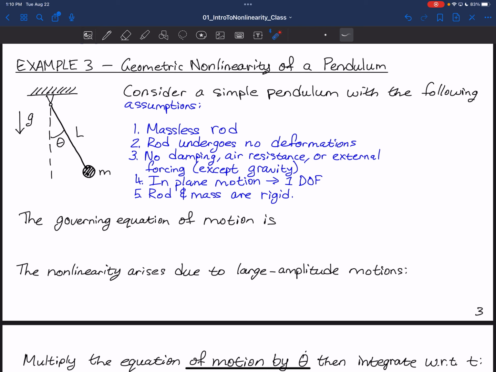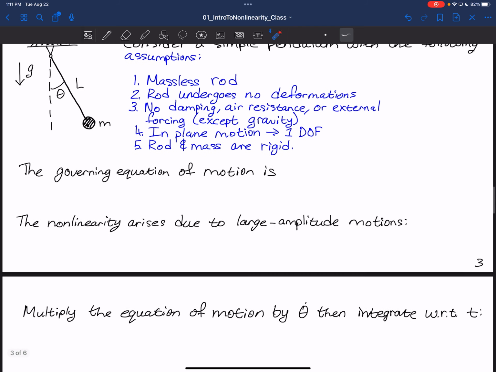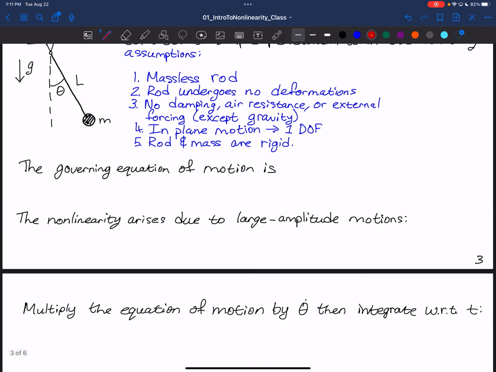It's only external force. And it's in plane motion, so it's only a single degree of freedom in terms of polar coordinates. And then the rod and the mass are rigid. So perfect, simple pendulum. Okay, so we're just going to directly write out what the equation of motion is.